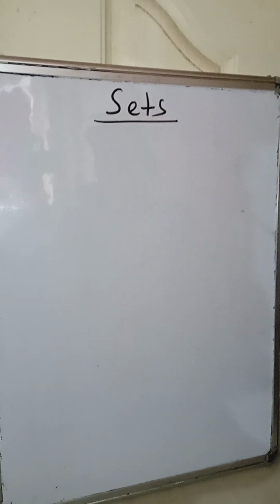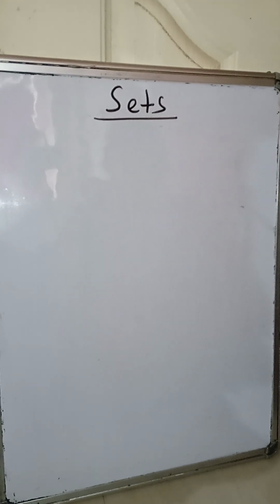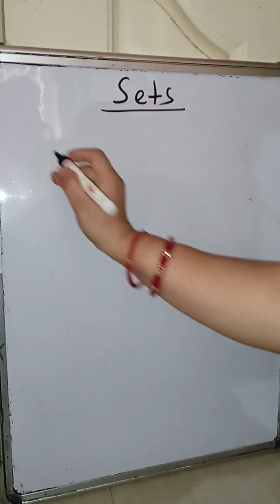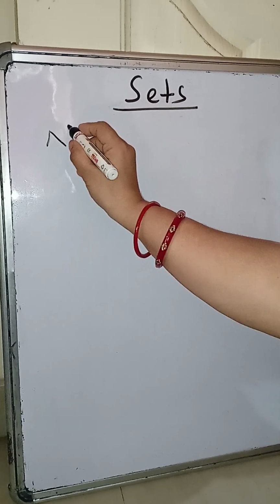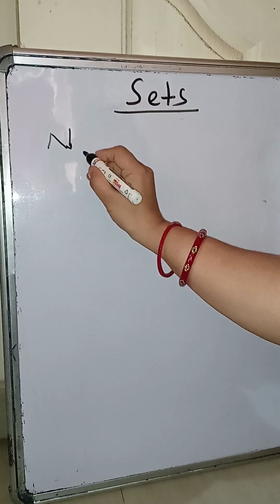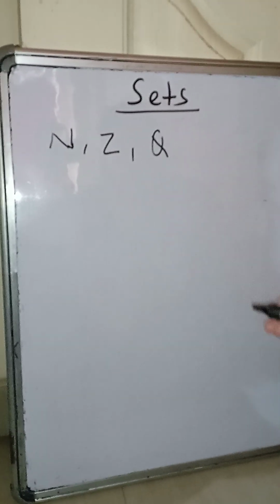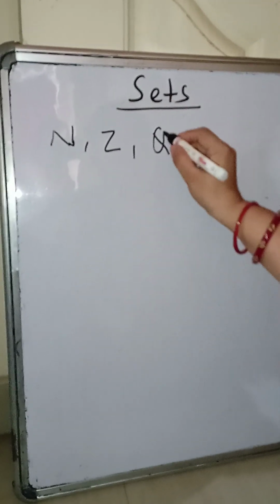Good morning, students. In the previous class, we discussed the introduction of sets, how sets are used in our daily life, and how we use sets mathematically. We also discussed some special sets used in mathematics: N, the set of natural numbers, Z, the set of integers, Q, the set of rational numbers, and R, the set of real numbers.